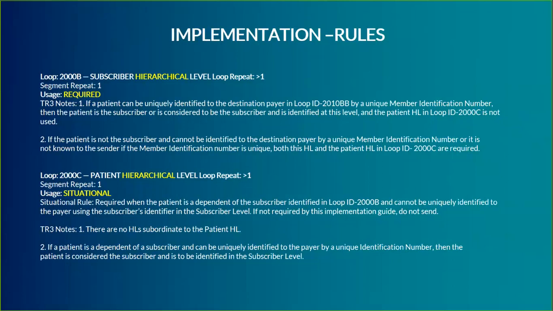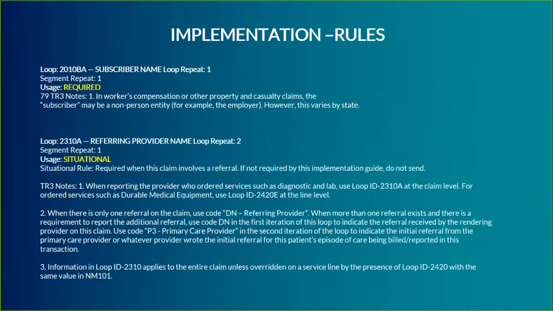The next thing that we have are the segments. And again, we're talking about implementation of a segment. So now let's play our game. You have a loop that is required. However, within that loop, you could actually have segments that are not required.